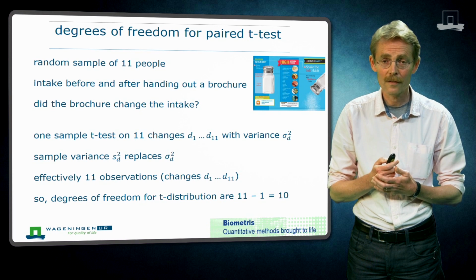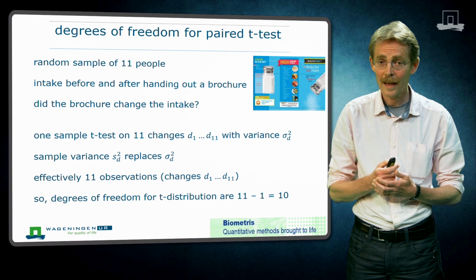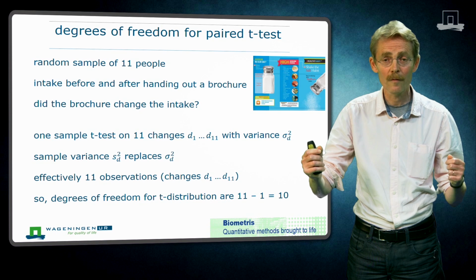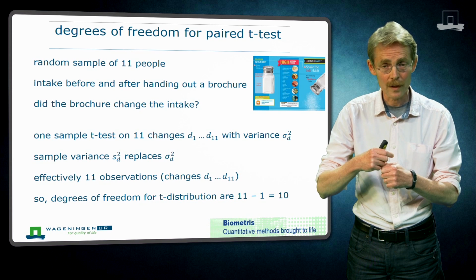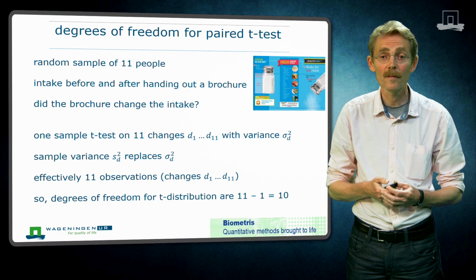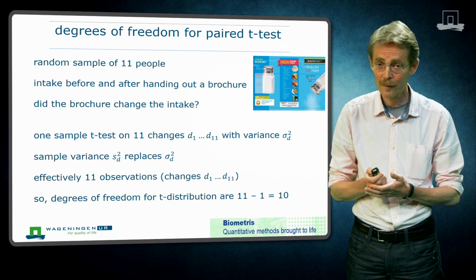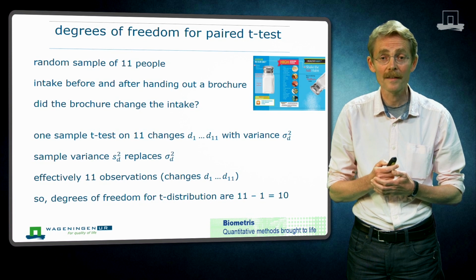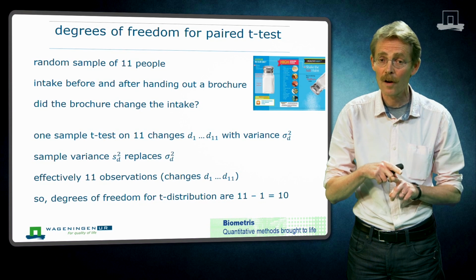So in this case, it makes sense to look at the intake after the brochure minus the intake before the brochure and look at the difference between them. That will give us 11 changes, D1 up to D11, with a variance sigma d square. And with the one sample t-test applied to these 11 changes, we can actually test whether they are around 0 or not.